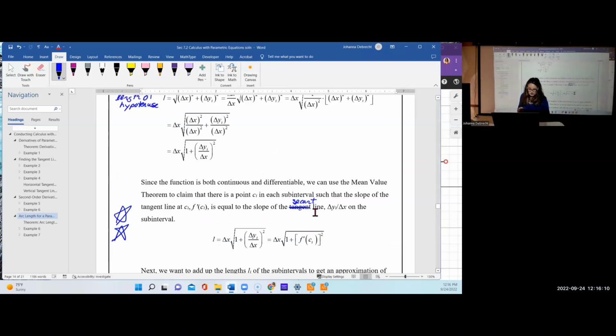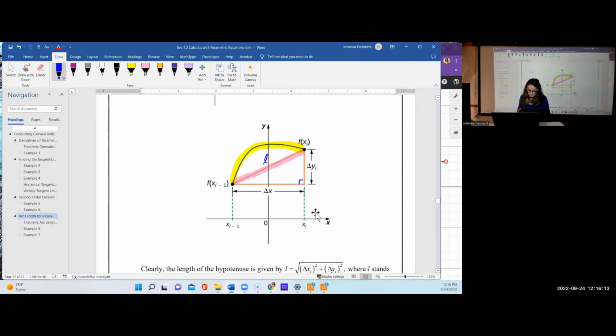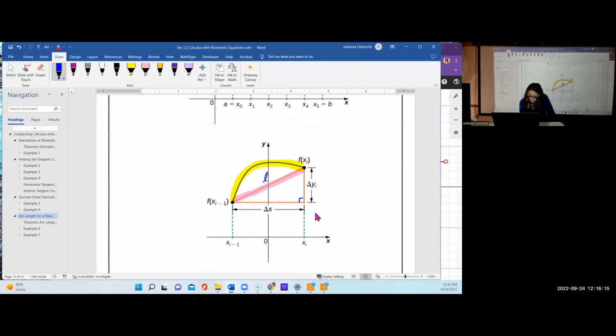So coming back up to this graph, basically what we're saying is that somewhere in here, you can see the slope of this line, which is our delta y sub I over delta x, the slope of that line. And somewhere in here there has to be at least one point, c sub I, where the slope of the tangent line at that point is equal to the slope of the secant line. That's the mean value theorem.